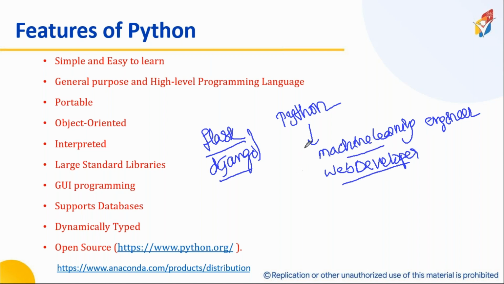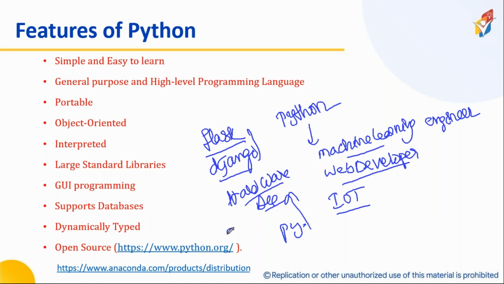And if I know Python, I can also become an IoT specialist, Internet of Things. If I want to speak with hardware devices through my Python program, how can I connect my Python program to each and every hardware device? Earlier, we used to use C language, maybe until the last 5 years.